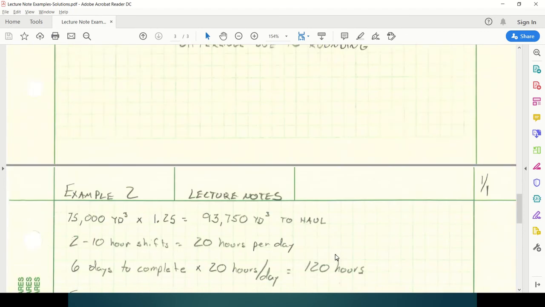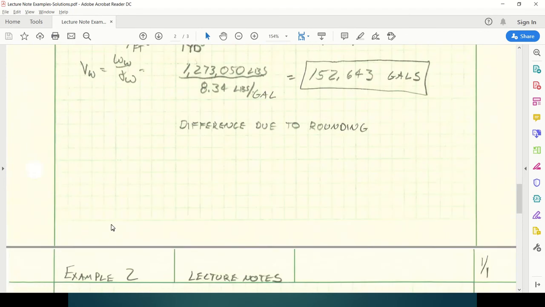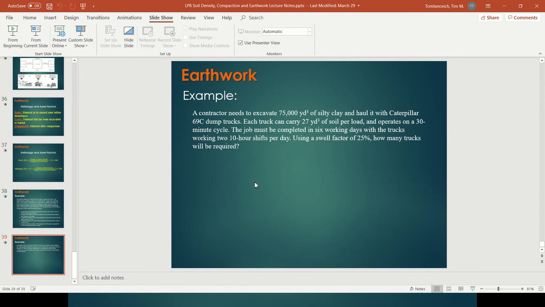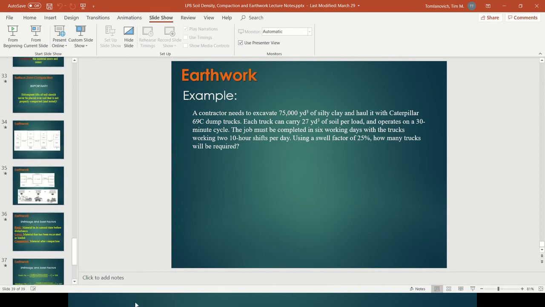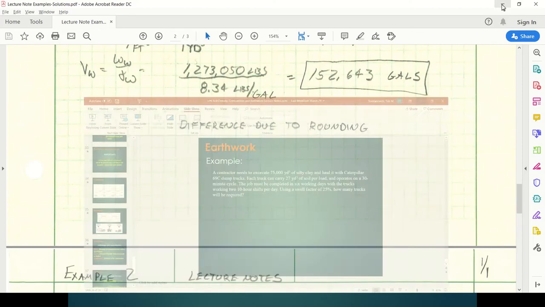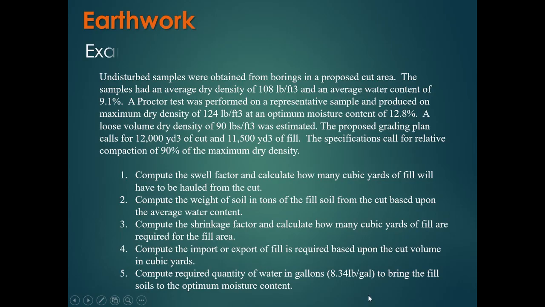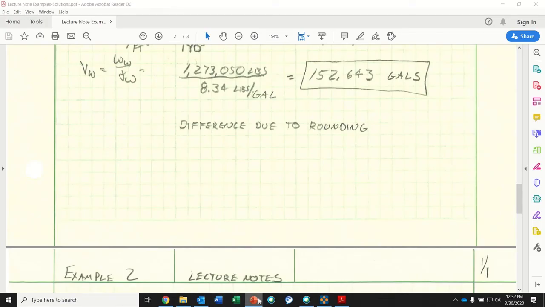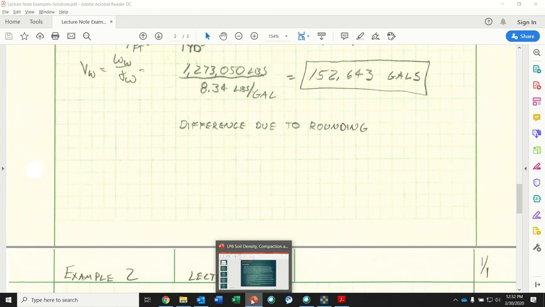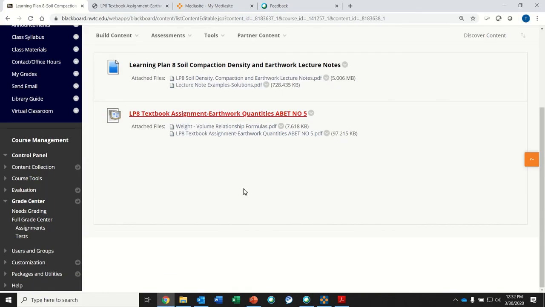So with that, that is the examples about compaction. So let me go back. If you look here, I gave you this to help you with your assignment.